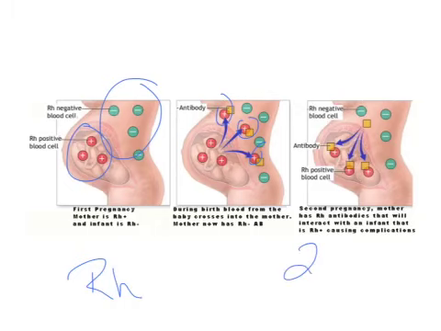If her second child is positive, she's making antibodies, so she's attacking that kid. They work that out by giving the mom a shot. Immediately after birth, the mom will get a shot to suppress the formation of those antibodies, so that the second pregnancy and the third and the fourth and the fifth are all going to seem like the first pregnancy for her immune system.